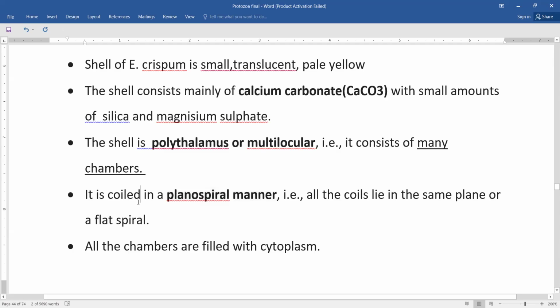It is coiled in a plano-spiral manner, that is, all the coils lie in the same plane around the central axis. They form whorls, one above the other, just like a multi-storied building, but in a twisted way. That is called plano-spiral manner.